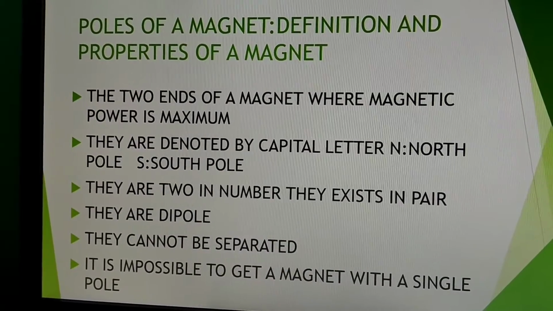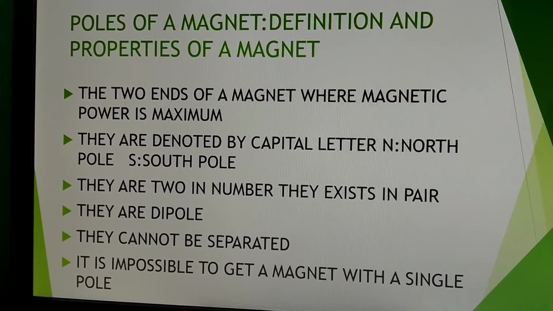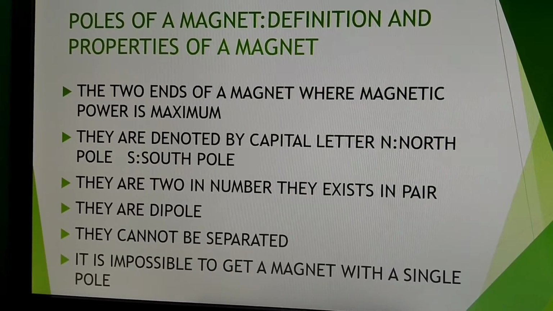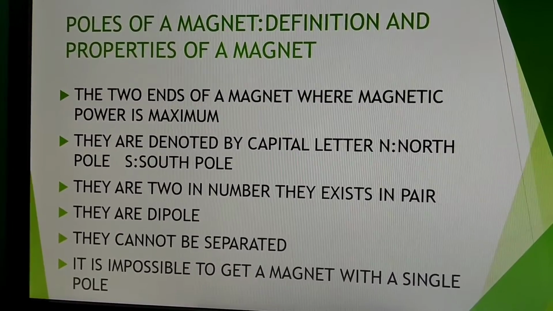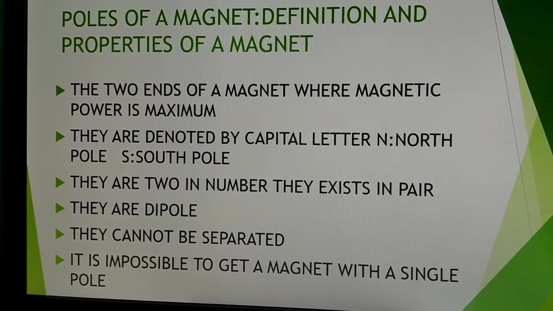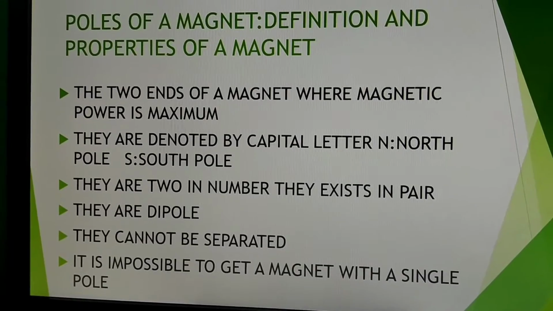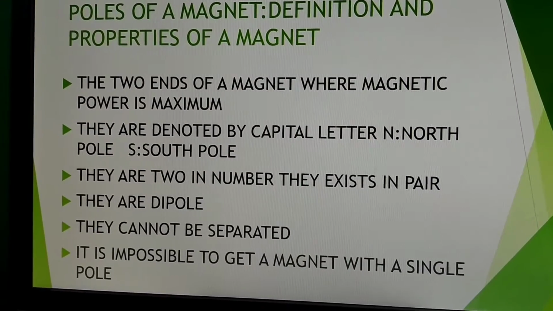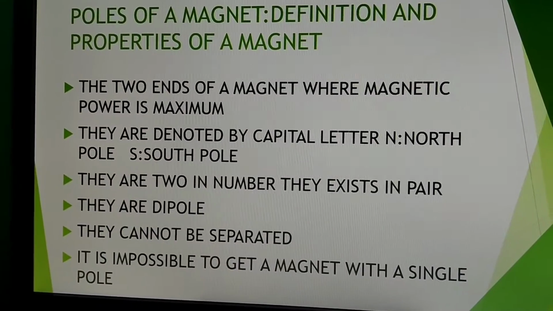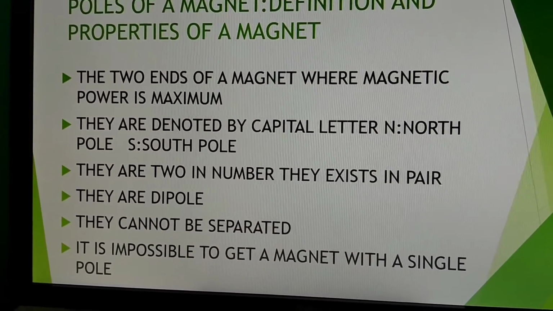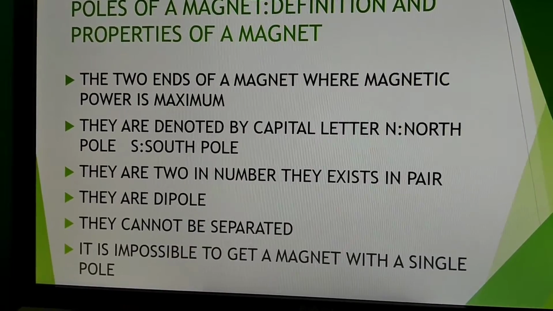That's why, since they are two in number, we say that poles are dipole. Poles cannot be separated. It is not possible to isolate North Pole from South Pole. It is impossible to get a magnet which has only one pole.